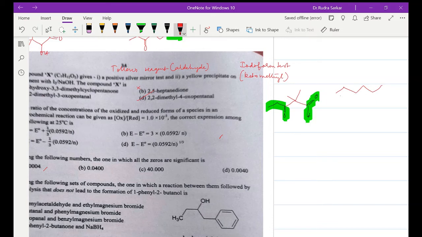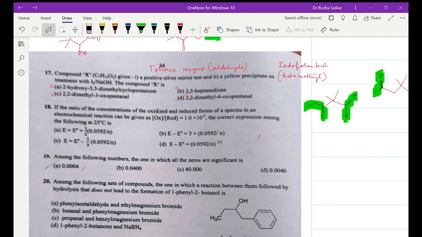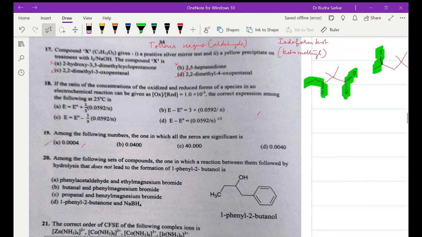So 1, 2, 3, 4, 5, right? 4-oxo. So this is the 4-oxo. So now we can see it is having the ketomethyl group, also the aldehyde, and so it will be giving the test. All right.